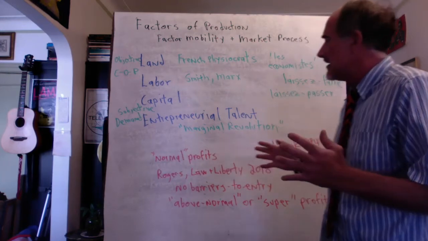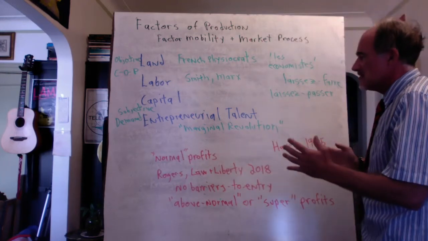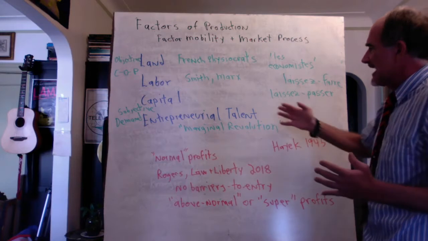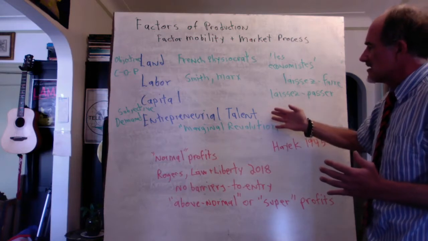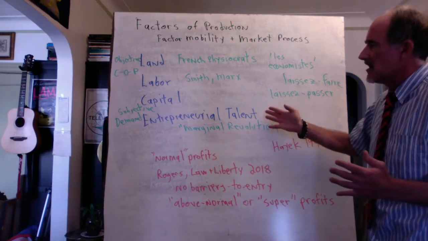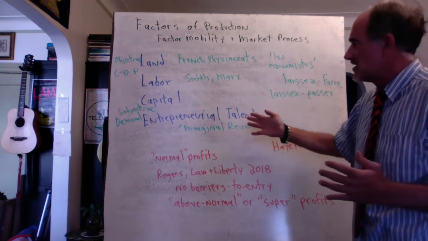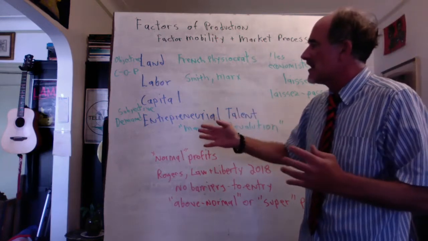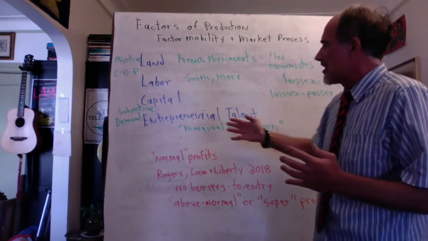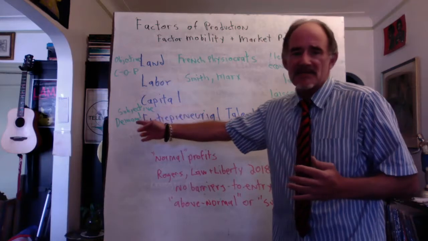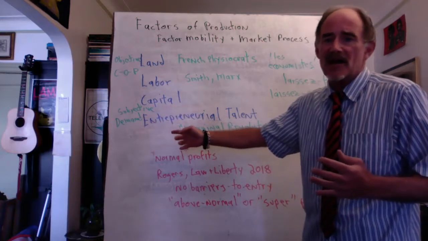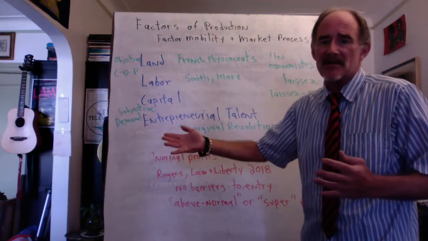So in the 1870s, concurrent with the emergence of psychology, you get a new theory of value. And that's subjective demand. Something has value now because it's demanded.